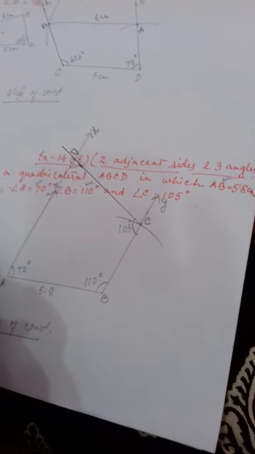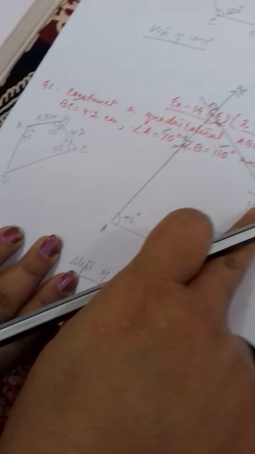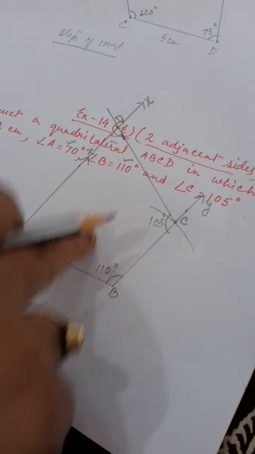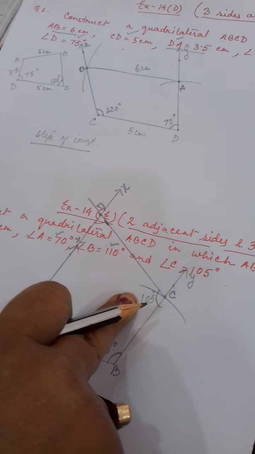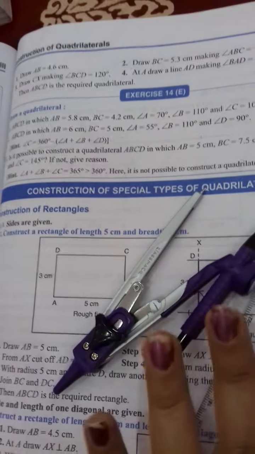After that you will draw another line segment, then at that intersecting point you will construct another angle. Got it? So these are the two constructions with two more elements. Clear? In the book the rest are there, two here and two here. All that you will complete in your classwork copy.